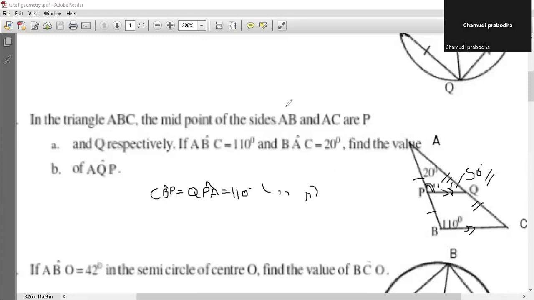Is it clear? Yes or no? I will upload the answer script later. Tell me, hurry up.